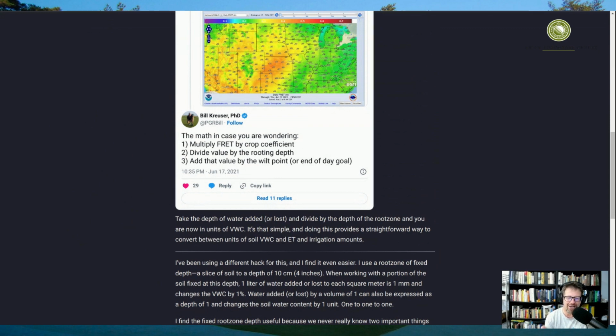If you take 0.3 and your rooting depth is 6 inches, then that is a value of 0.05 or 5%. Your expected water use for that day is 0.3 inches, and if your rooting depth is 6 inches, then that is 5%. 0.3 is 5% of 6 inches.